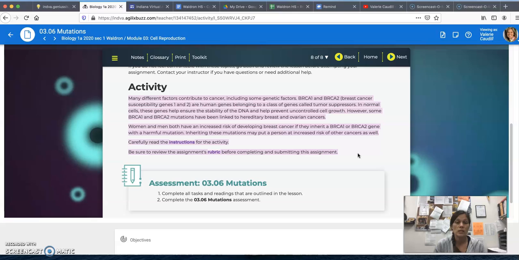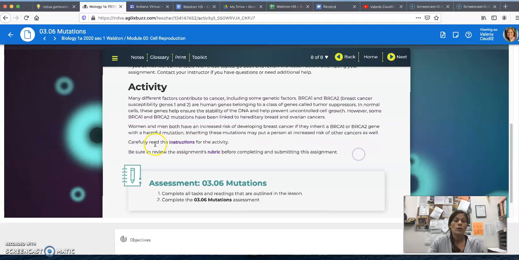In normal cells, these genes help to ensure the stability of the DNA and help prevent uncontrolled cell growth. However, some BRCA1 and BRCA2 mutations have been linked to hereditary breast and ovarian cancers. Women and men both have an increased risk of developing breast cancer if they inherit a BRCA1 or a BRCA2 gene with a harmful mutation.